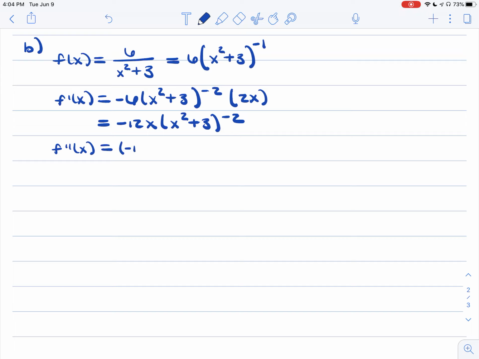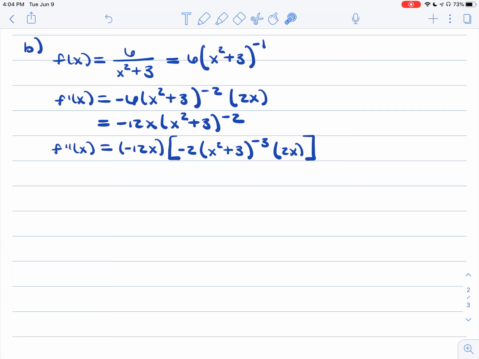All right, so product rule, we take the first times the derivative of the second. And again, we're going to have to use chain rule here. So pull that -2 out front, subtract 1 from our exponent, and then chain rule, multiply by the derivative of the inside, which would be a 2x.